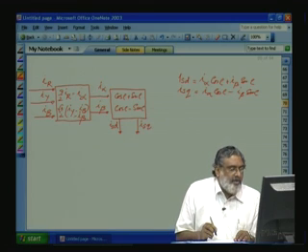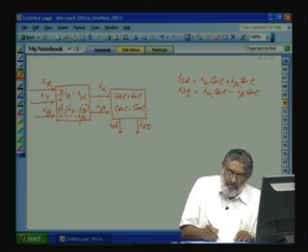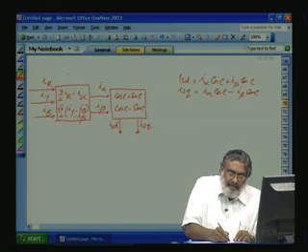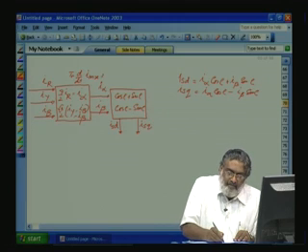So this ISD, we know that tau R d by dt of IMR plus IMR is equal to ISD.